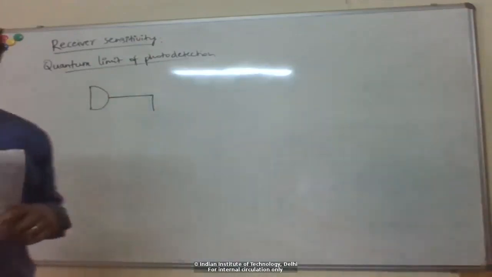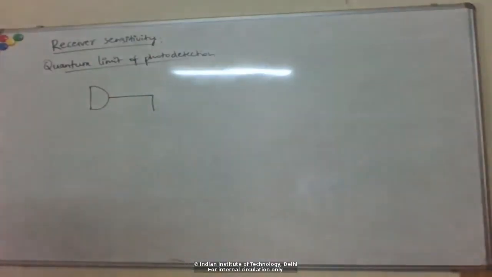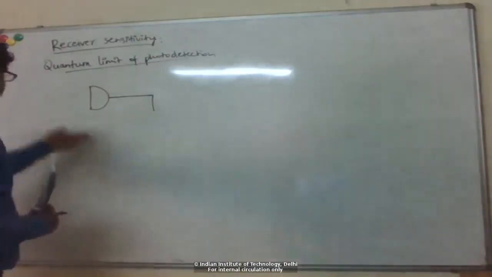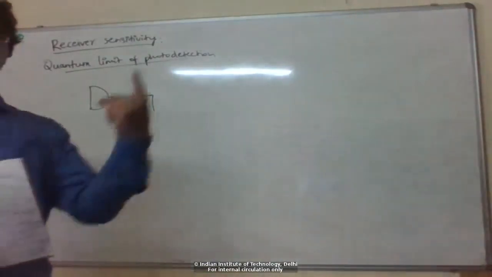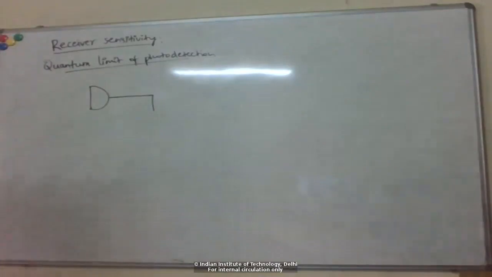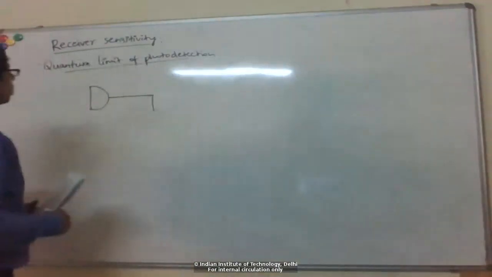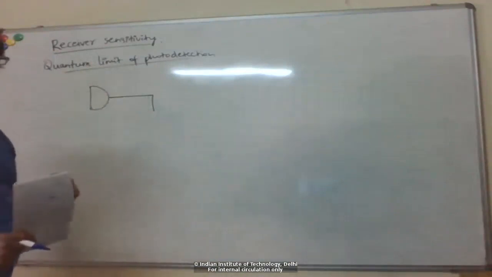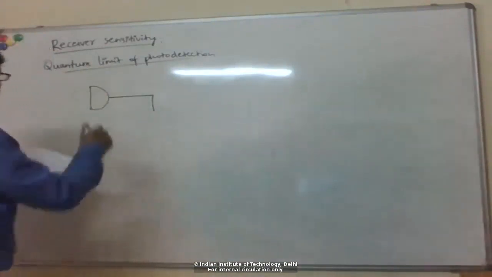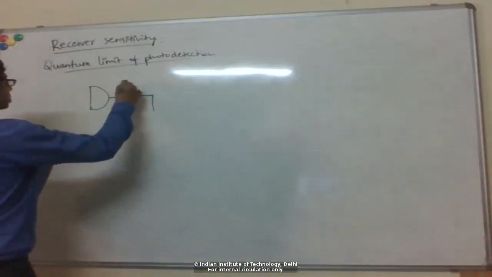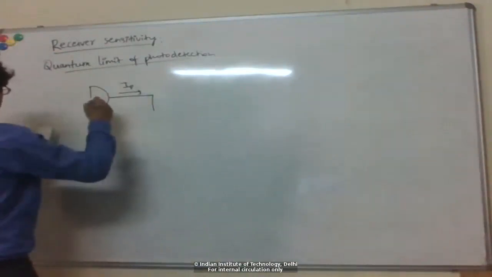Even in the best case scenario, we can't go down to 1 photon per bit required. We still need much more than that because of the Poissonian statistics, because of the discrete nature of electrons.